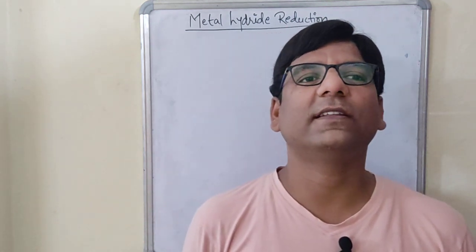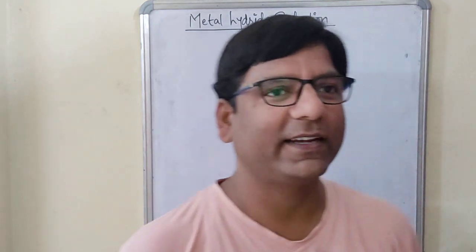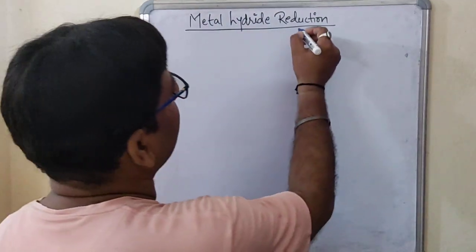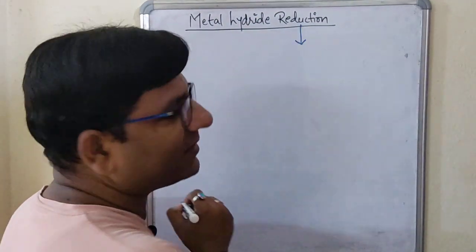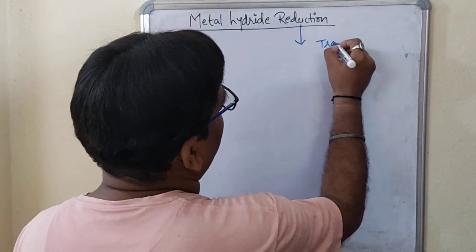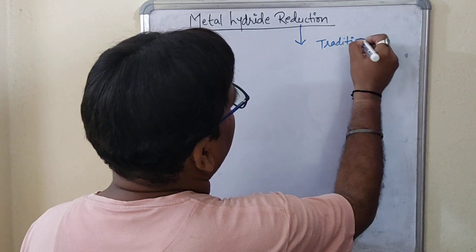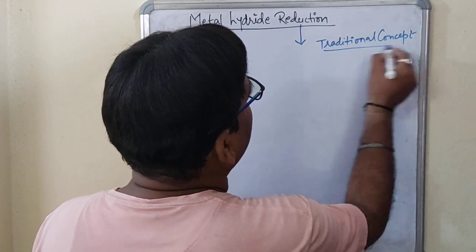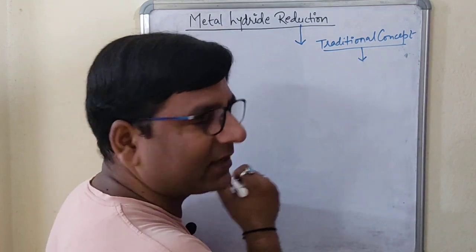Right. So now students, let us start with the topic, that is the metal hydride reduction. So students, this reduction, you know what is reduction? When you see the traditional concept of this reduction, reduction is defined as what?